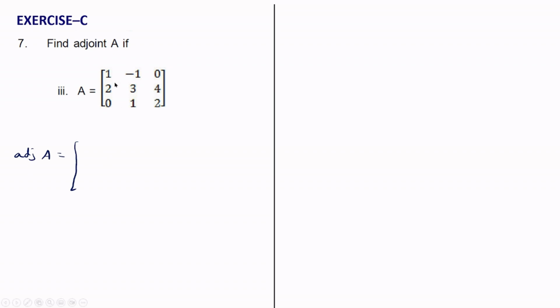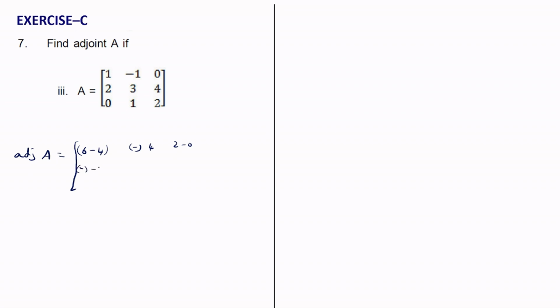Cofactor of this one is 6 minus 4, and then we have minus of cofactor of minus 1, which is 2 into 2, 4 minus 0. Then cofactor of this element 0, it is 2 into 1, 2 minus 0. Then cofactor of this element 2 is, we have to delete the second row and the first column. So it is minus 2 minus 1, which is minus 2.